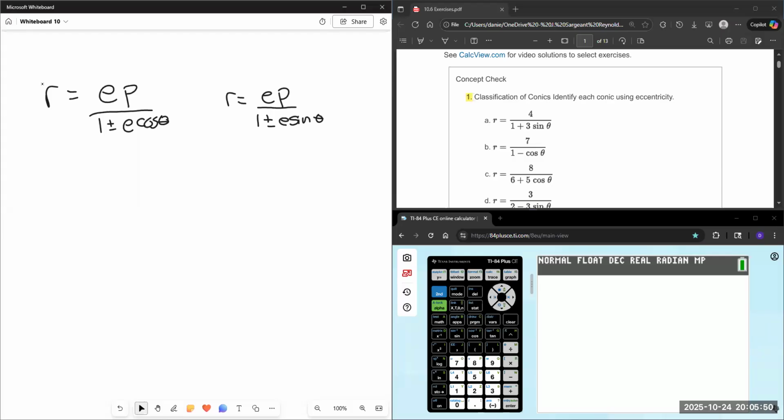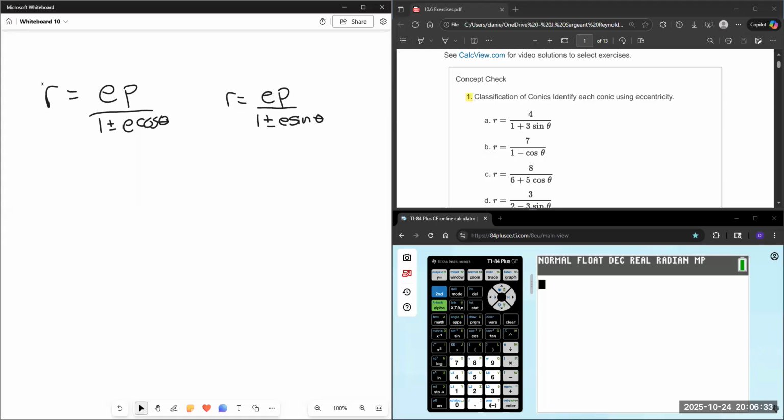So if we see cosine theta in the problem, we know that the action is happening in the horizontal direction because cosine is related to x. So we have an axis of symmetry for a parabola that's horizontal and it's going to open left or right, or a transverse axis for a hyperbola that's in the horizontal direction parallel to the x-axis and it's going to open left to right, or a major axis for an ellipse that is in the horizontal direction parallel to the x-axis and it's going to be stretched out in the x direction.